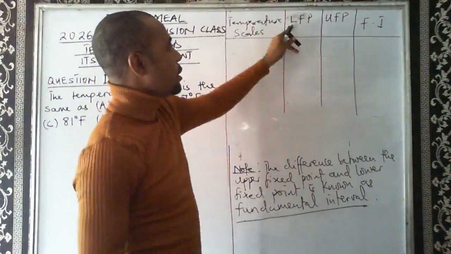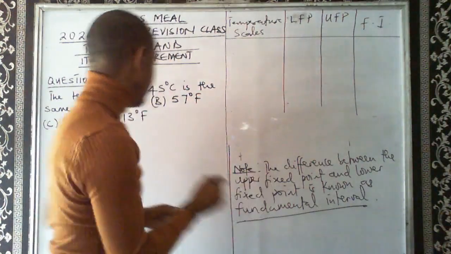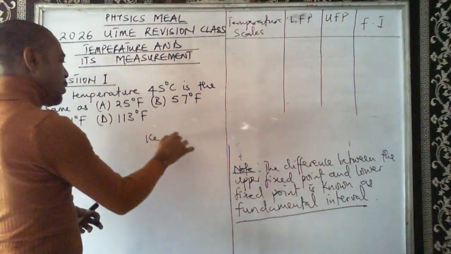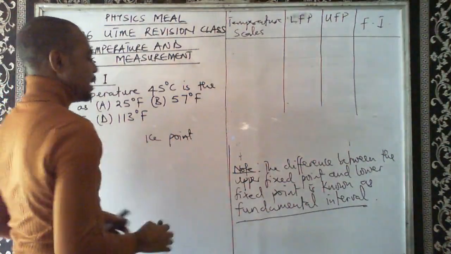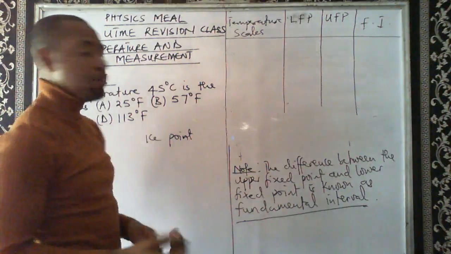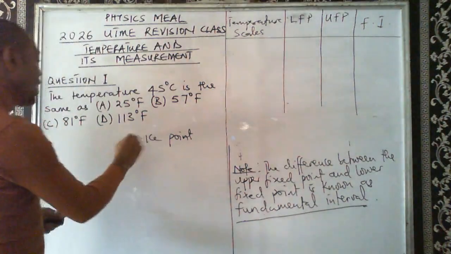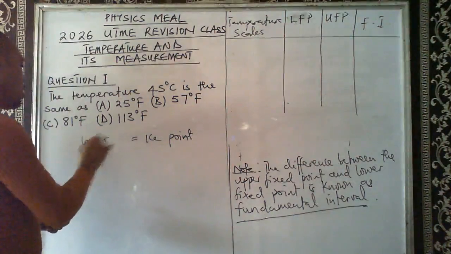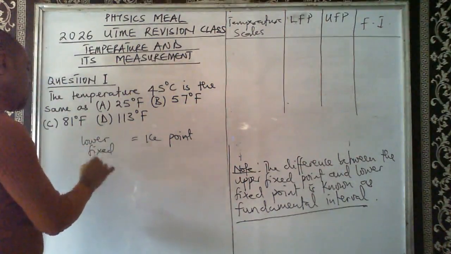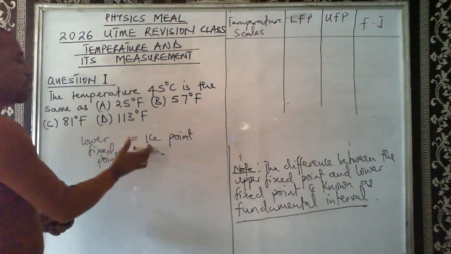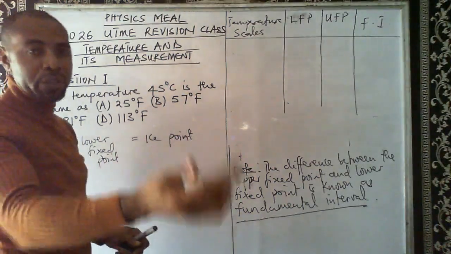Remember, the lower fixed point can also be called the ice point, another term used to describe the lower fixed point. So lower fixed point is ice point, in other words, melting point.